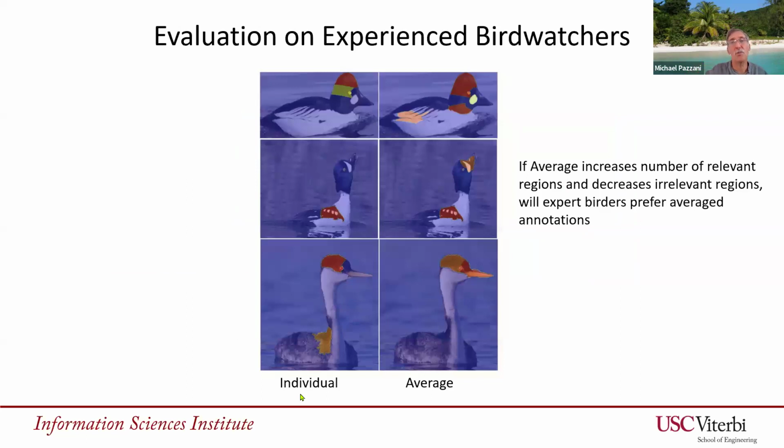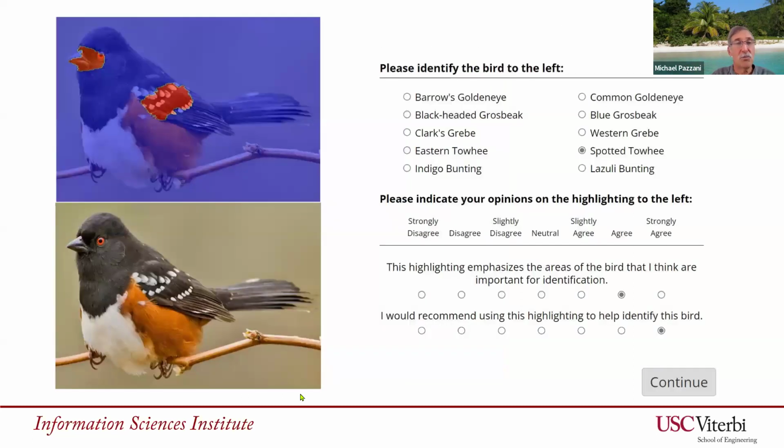One of the things we wanted to ask is, can people tell the difference? Can experienced bird watchers, if we show them a randomly selected explanation from one neural network, or the average over 11 neural networks, think one explanation is better than the other? We're not telling them how these are produced.